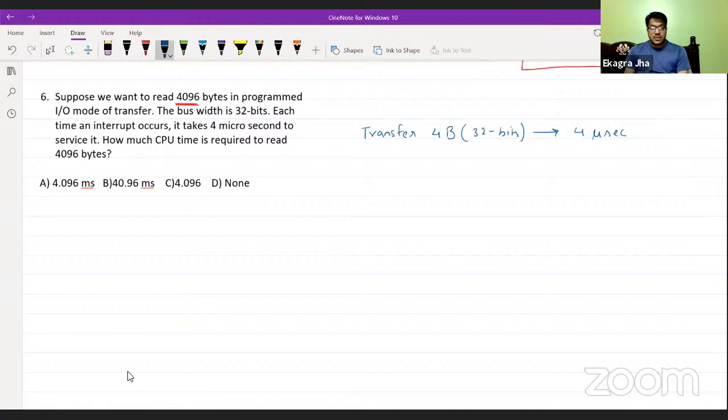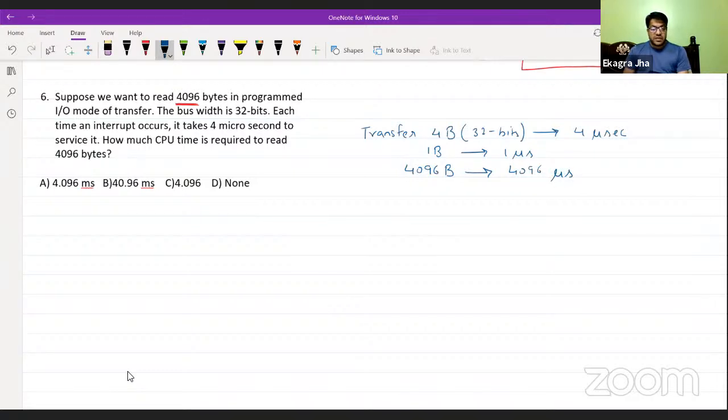That means how much time will one byte take? 1 microsecond. If 4 bytes take 4 microseconds, 1 byte takes 1 microsecond. That means 4096 bytes will take 4096 microseconds. This is a very easy question.